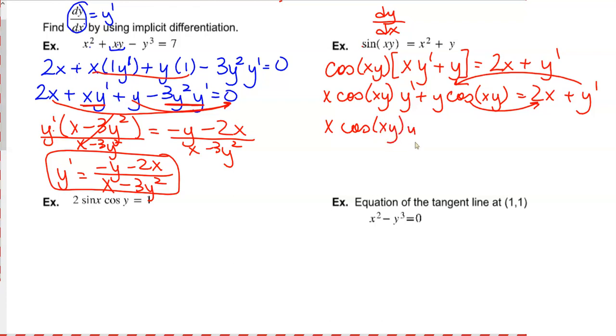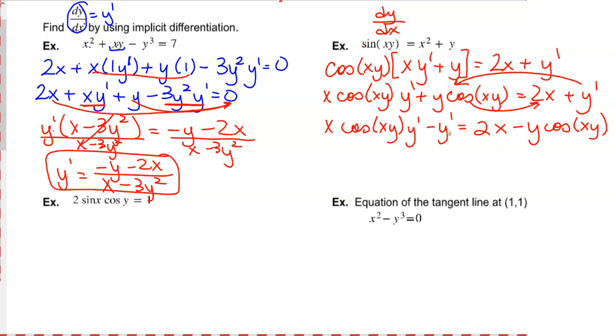And what did I subtract over? I'm subtracting over this y prime. So I'm going to get minus y prime is equal to this 2x that I'm subtracting over this second term. So I would then get a minus y cosine of xy. So again, be very meticulous here when we are bringing things down with our algebra.